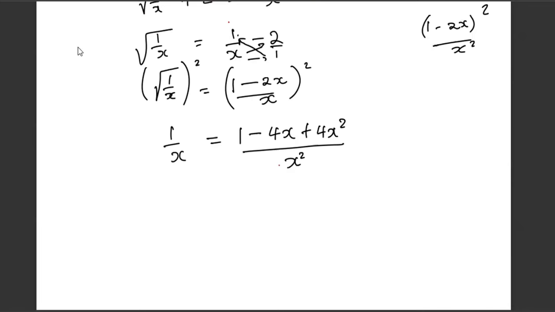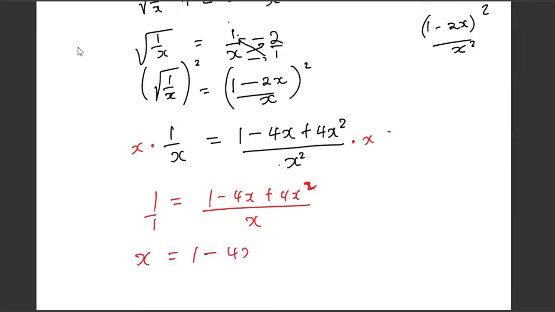So that's going to be times x and then times x. Okay. Meaning that 1 is equivalent to 1 minus 4x plus 4x squared over just a plain x. And then do the cross multiplication again. x is 1 minus 4x plus 4x squared.